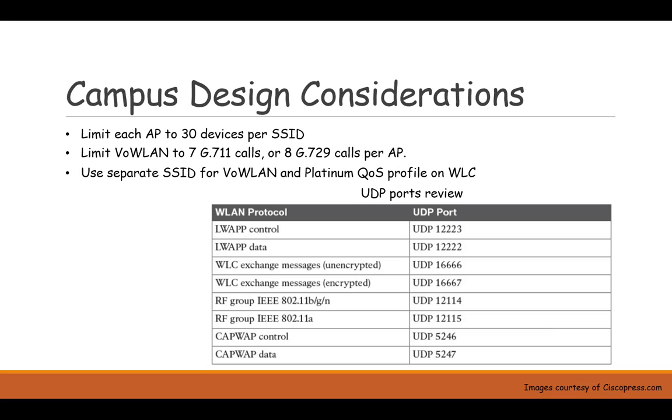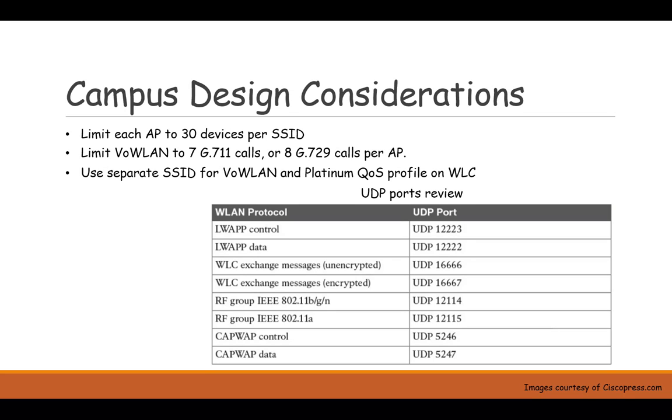Cisco's best practice for wireless networks is to limit each access point to no more than 30 devices per SSID. This can be tough, and you may need to place additional access points in areas of high traffic, like conference rooms or classrooms.